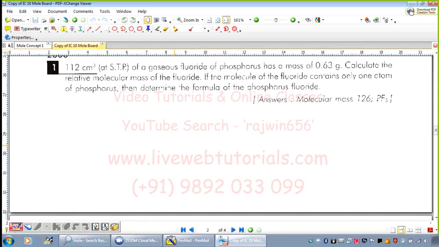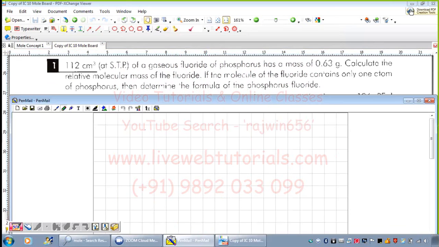Okay, this is the first thing that we are supposed to do. 112 centimeter cube. Its mass is 0.63 grams. If I take 22.4 dm cube, if I am supposed to convert dm cube into centimeter cube, I'll have to multiply that by 1000.